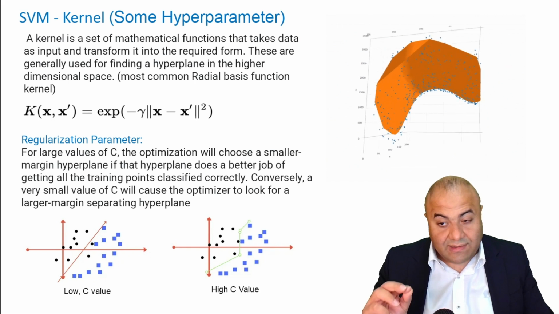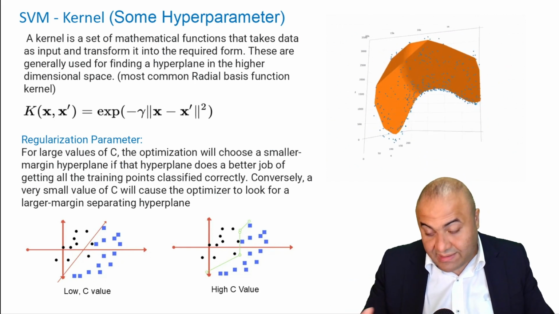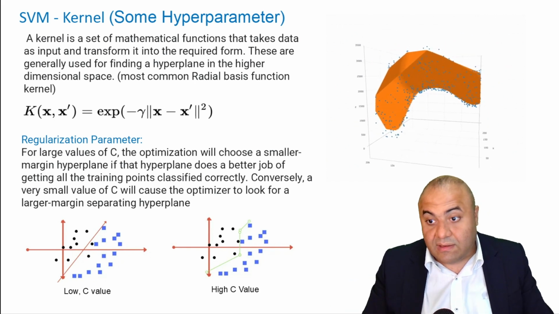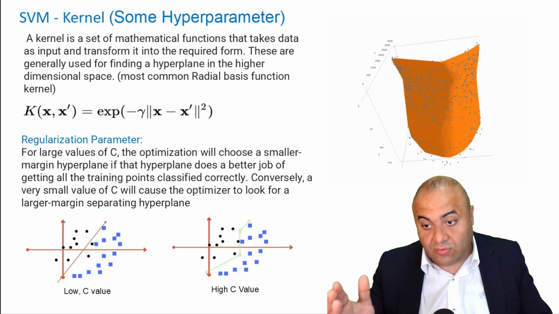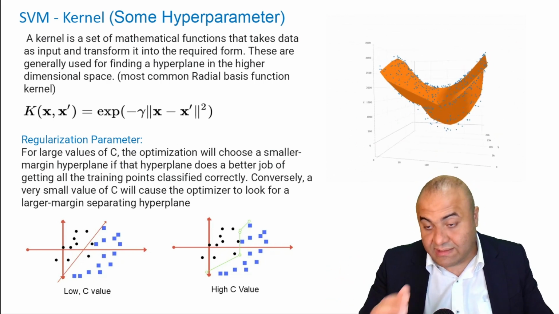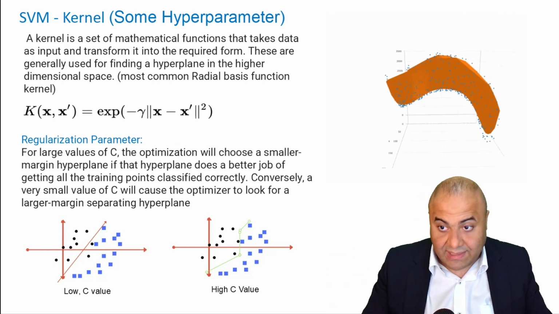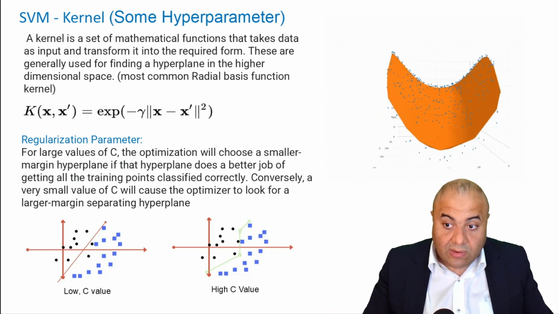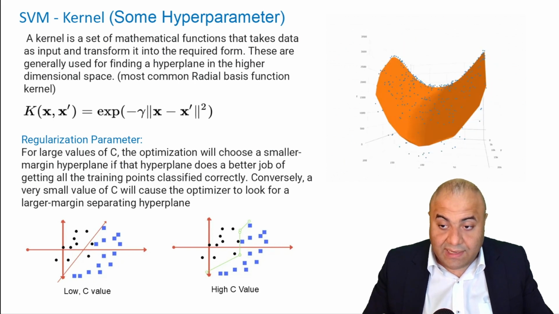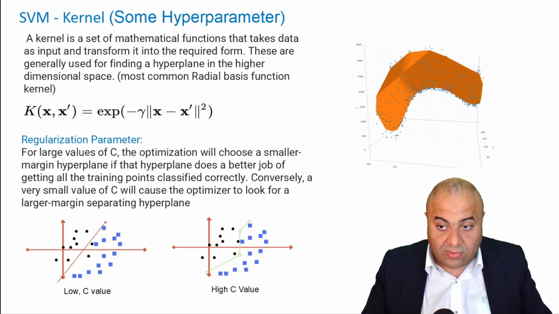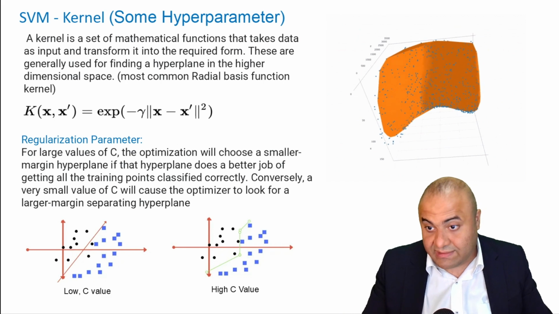If in reality what we care about is the regressor... Of course, if your problem is classification, then this is how it works: you have a hyperplane, and it will separate the classes from each other. Now, in our work, we're doing the regression.